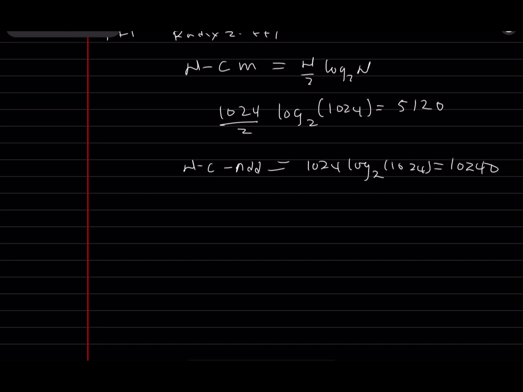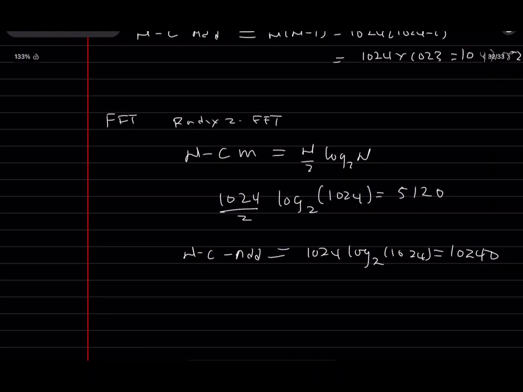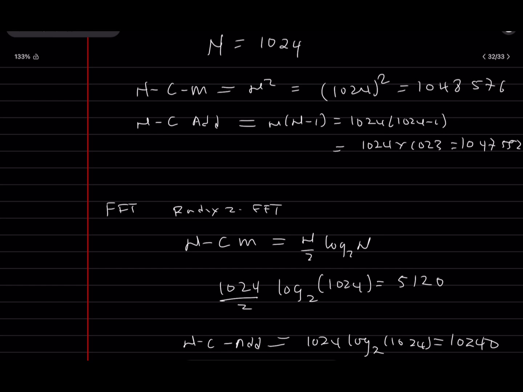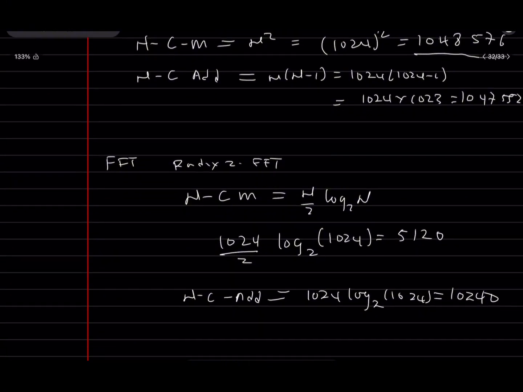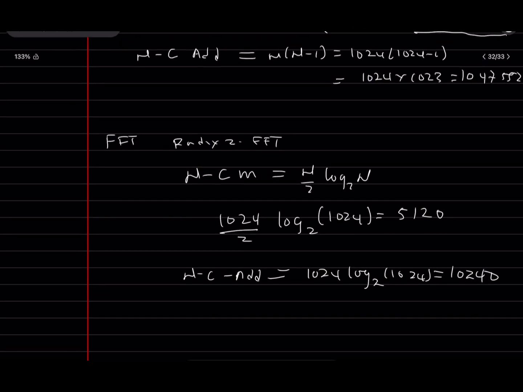So based on this, you can see that the difference is very wide, right? Reducing the number of complex multiplications from 1,048,576 to 5,120 is really amazing, right? So as you can see, this is more efficient.